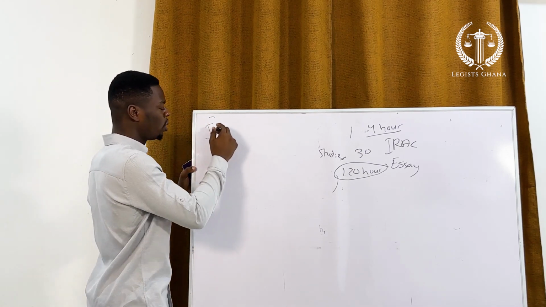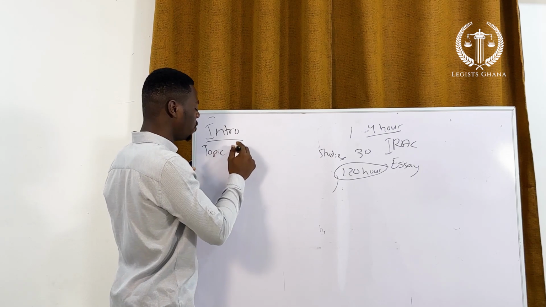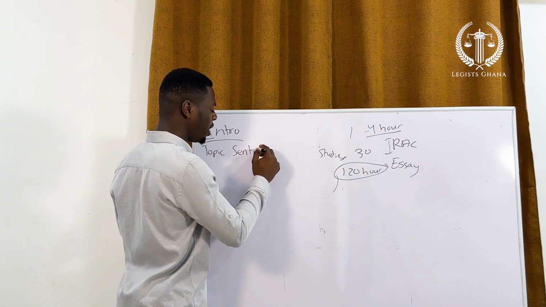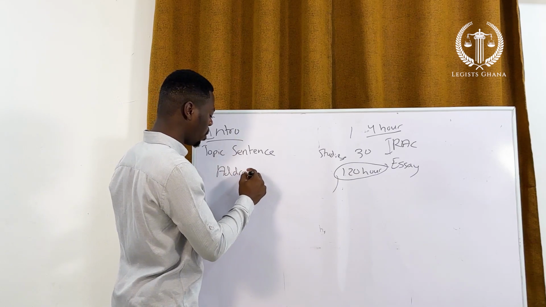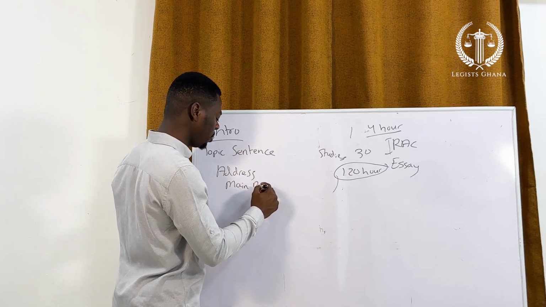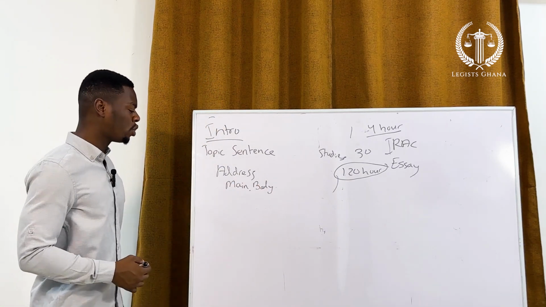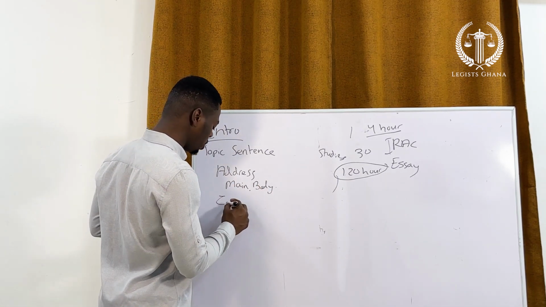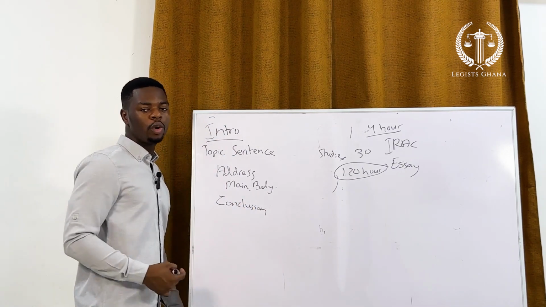So with the intro, we are looking at the topic sentence. Once you've correctly identified your topic sentence, you're also going to do an address of the topic sentence. So this is the main body, right? An address of the topic sentence. This is the main body. And then you also have your conclusion, right? Which is a summary of the address.